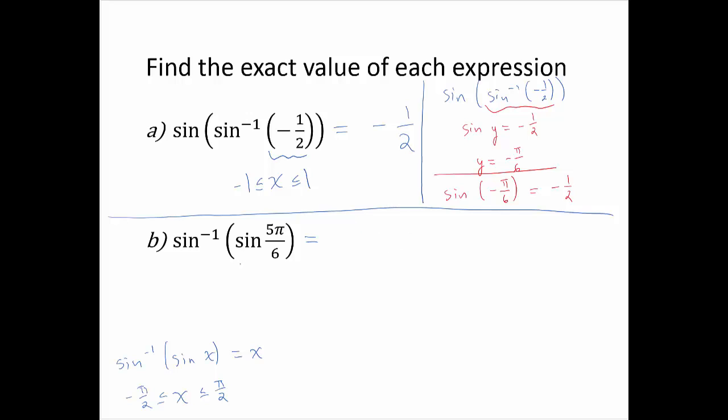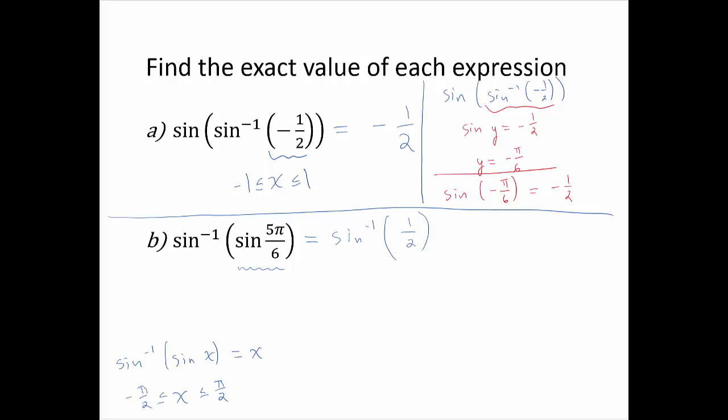But we can simply evaluate the sine of 5 pi over 6. And so then this becomes sine inverse, and the sine of 5 pi over 6 is positive 1/2. And now we want sine inverse of 1/2, so we think to ourselves, what angle?